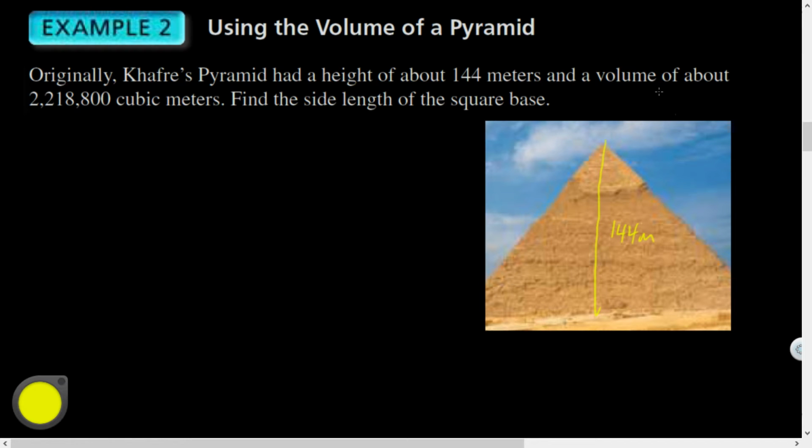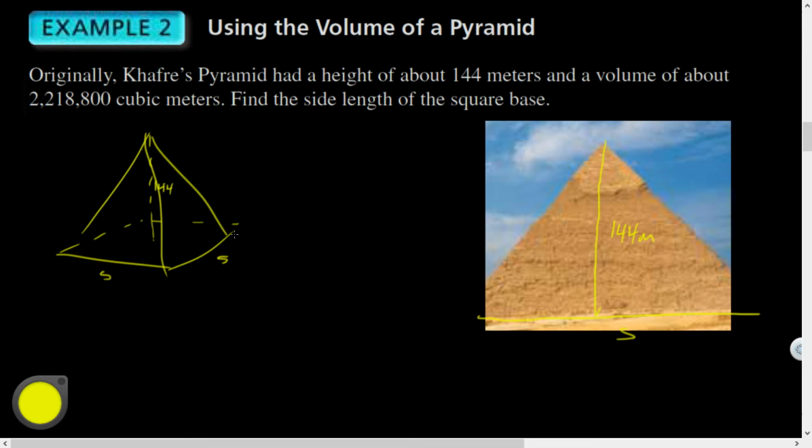So 144 meters and a volume. Oh, so they gave us the volume in cubic meters. Find the side length of the square base. So I don't know the square base. So it's a side by side. I know the height is 144, and I know that's a terrible pyramid, but you get the idea.